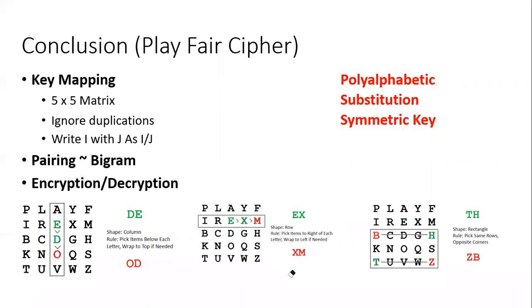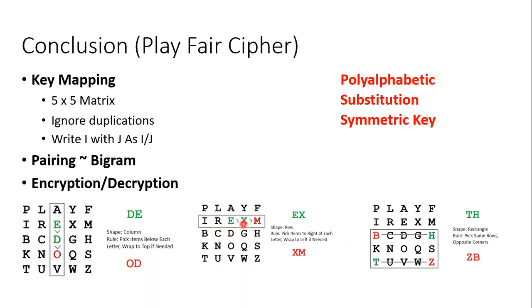Let's discuss another rule, that is if both characters are in the same row. For encryption, we have to write the letter to the right of the character in the key, and for decryption we have to write the letter to the left in the ciphertext. For example, EX: here both are in the same row.